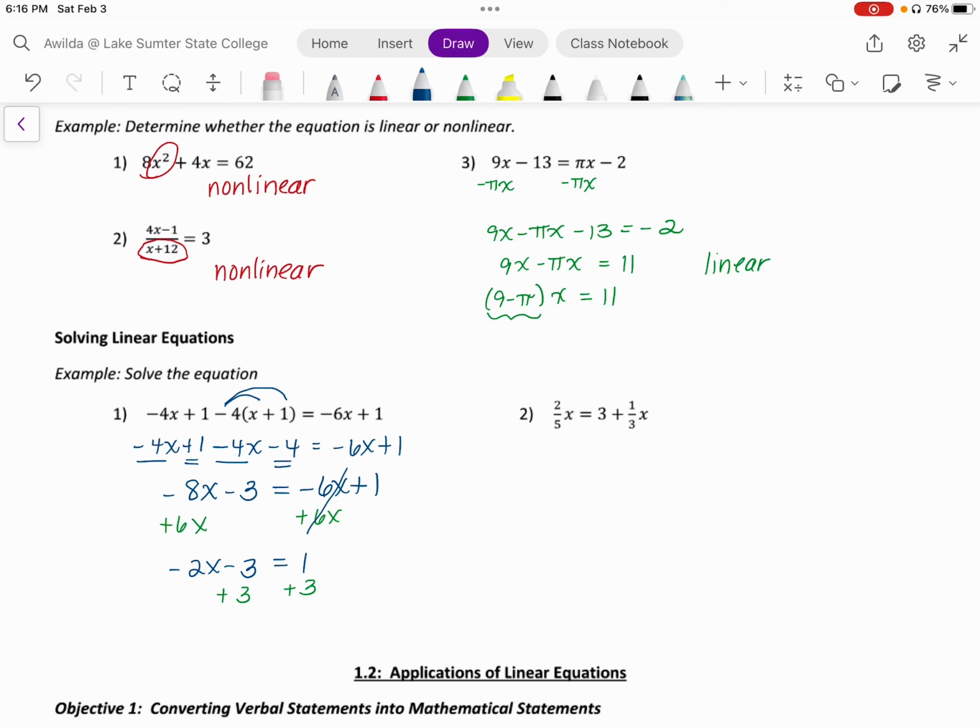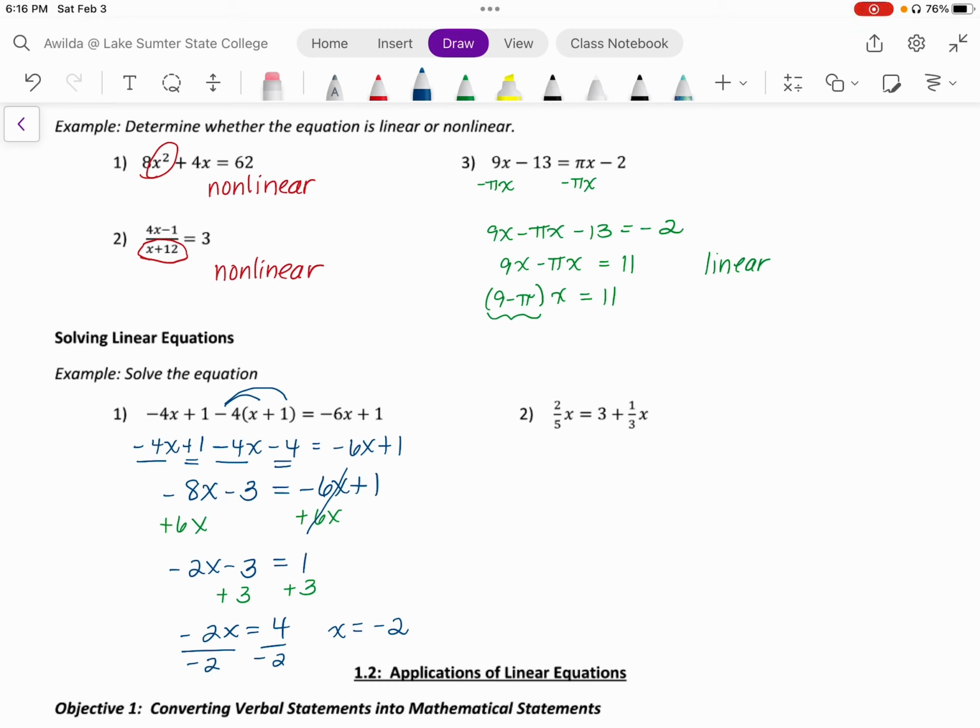So we get that negative 2x is equal to 4, and by dividing both sides by that coefficient of x, which is negative 2, we get that x is equal to negative 2. That means that when x is negative 2, that equation becomes a true statement. The two sides are equal. I encourage you to substitute negative 2 for x to confirm this.